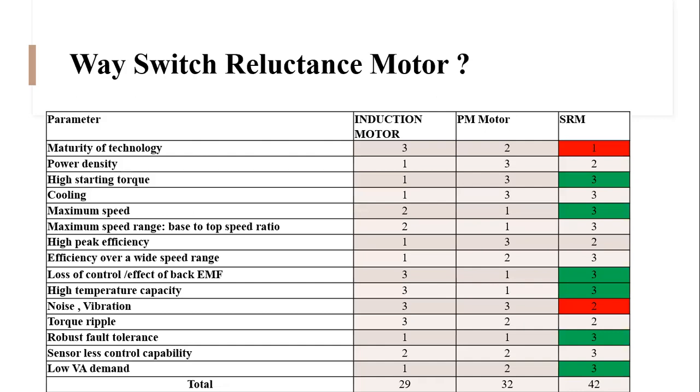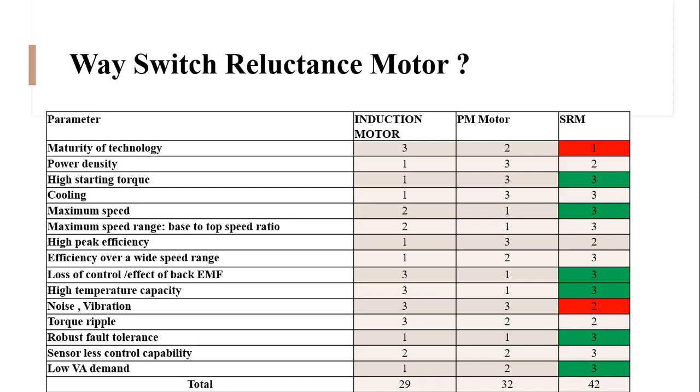We have already discussed two motors. First is the induction motor, which is also used in electrical vehicle applications, and the second is the permanent magnet motor, which we also call the BLDC motor, also used in electrical vehicle applications.